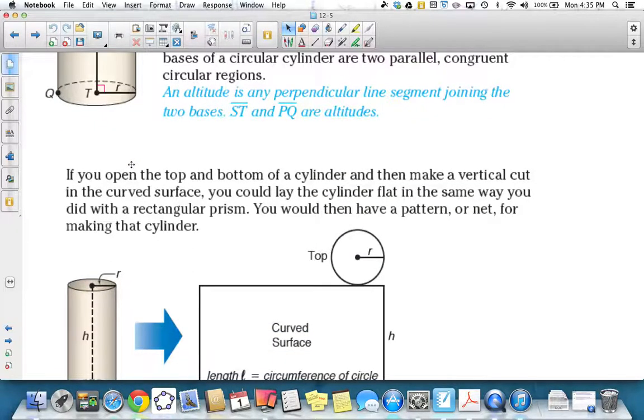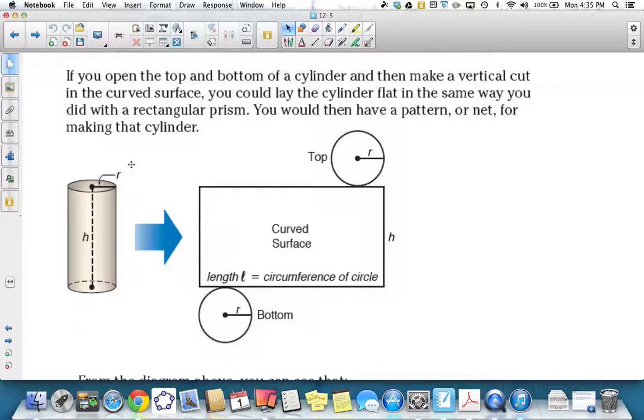If you create a net of your cylinder, this is how it's going to look.